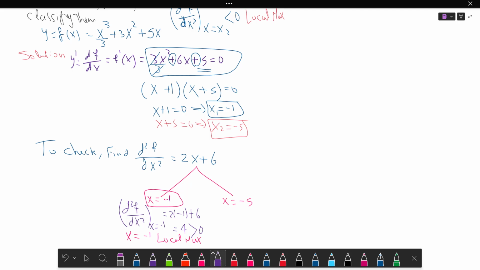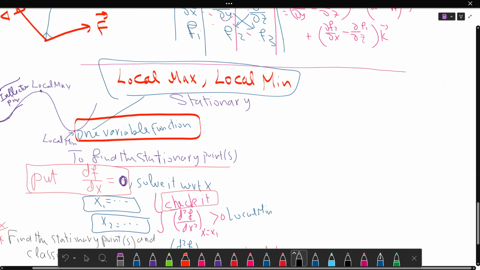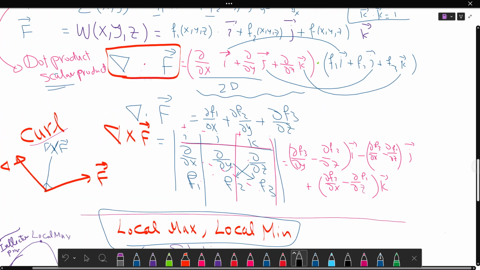Now for this one, d square f by dx square when x equal to minus 5 is 2 times minus 5 plus 6 equal to minus 4. It is negative, so x equal to minus 5 is the local maximum. Catch it? Easy? The same thing you will do in the multivariable function, right?